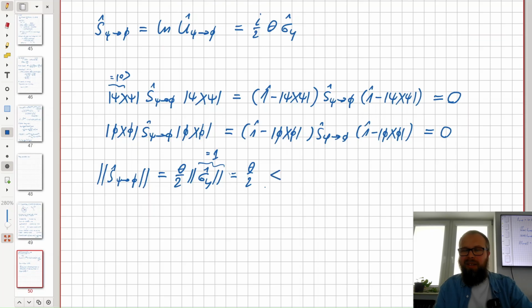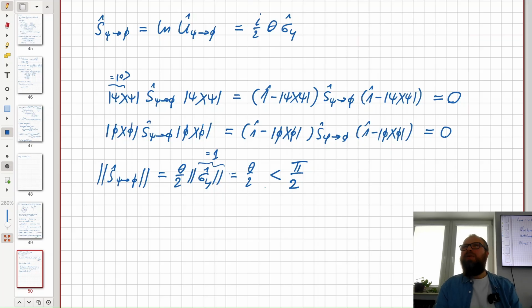But what is important is that it is less than pi over 4. This is what we will ultimately need for the square root to work, and some other stuff, when we generalize it. This is smaller than pi over 2, but pi over 4 is the stronger condition. If you are somewhere between pi over 4 and pi over 2, you'll run into trouble.